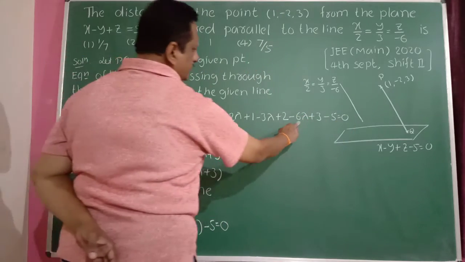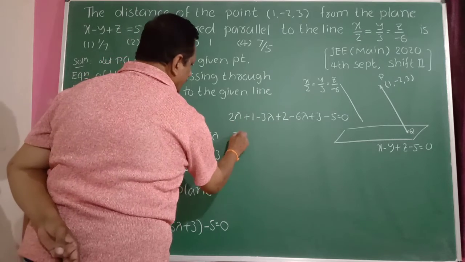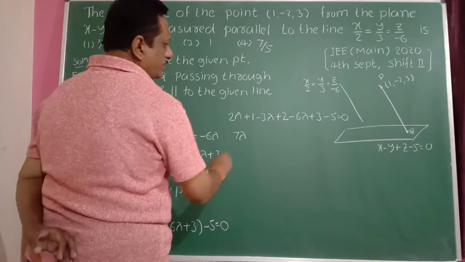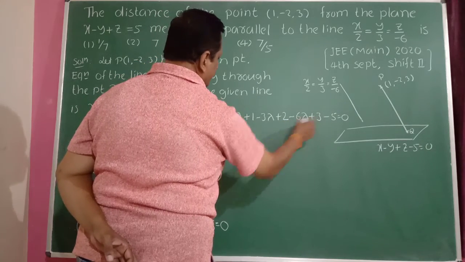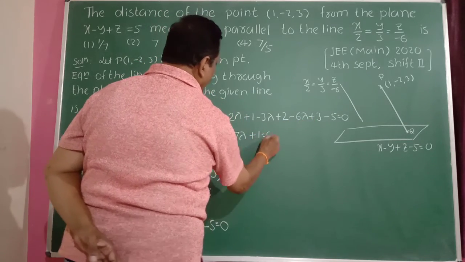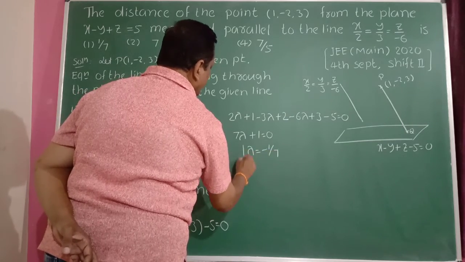Now simplify. The lambda terms give -7 lambda, and the constants 1 + 2 + 3 - 5 give 1. Therefore, lambda is equal to 1 divided by 7.